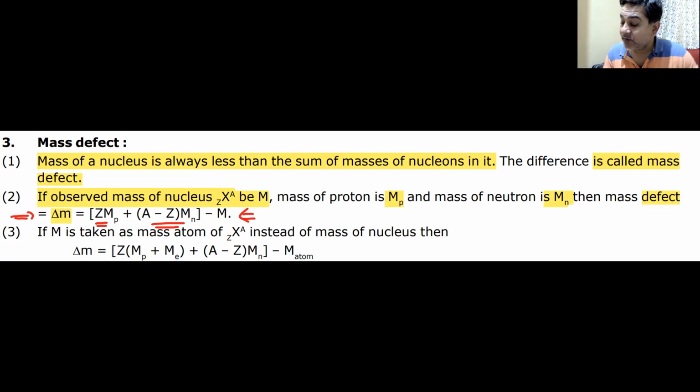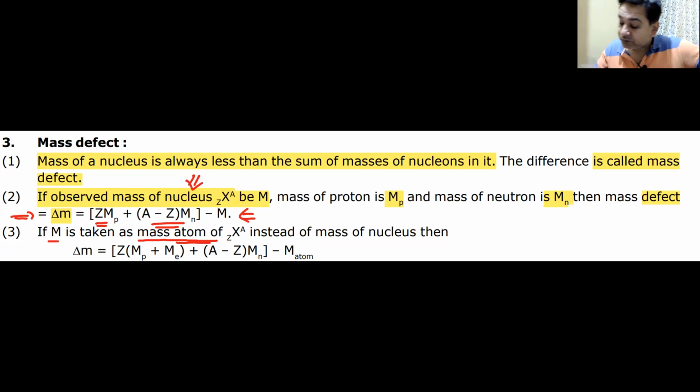So this is formula number 2. Remember, in formula number 2, we are using the mass of the nucleus. In formula number 3, we are taking the mass of the atom. There are two things: one is the mass of the nucleus, the other is the mass of the atom. If I take the mass of the nucleus, the formula is number 2.